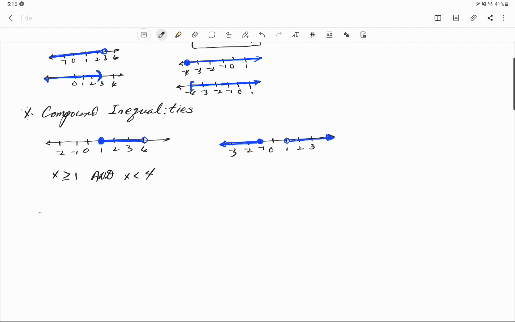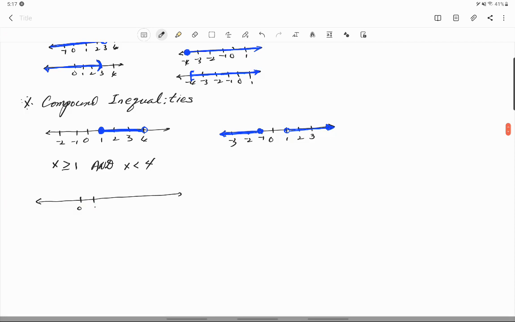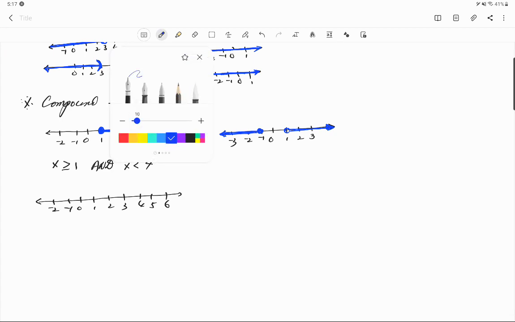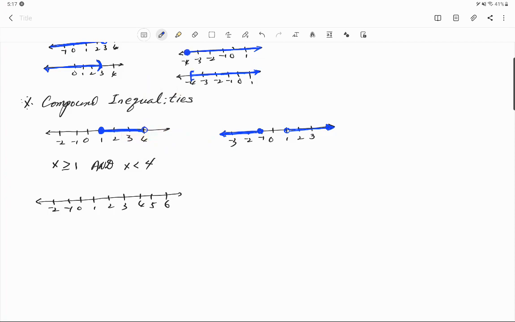Let me rewrite this on a number line. Here is 0, 1, 2, 3, 4, 5, 6, and so on. Let me use a different notation. x is greater than or equal to 1, so I'm going to include this one. Greater than means go all the way to the right, so all the numbers to the right of 1, including 1.